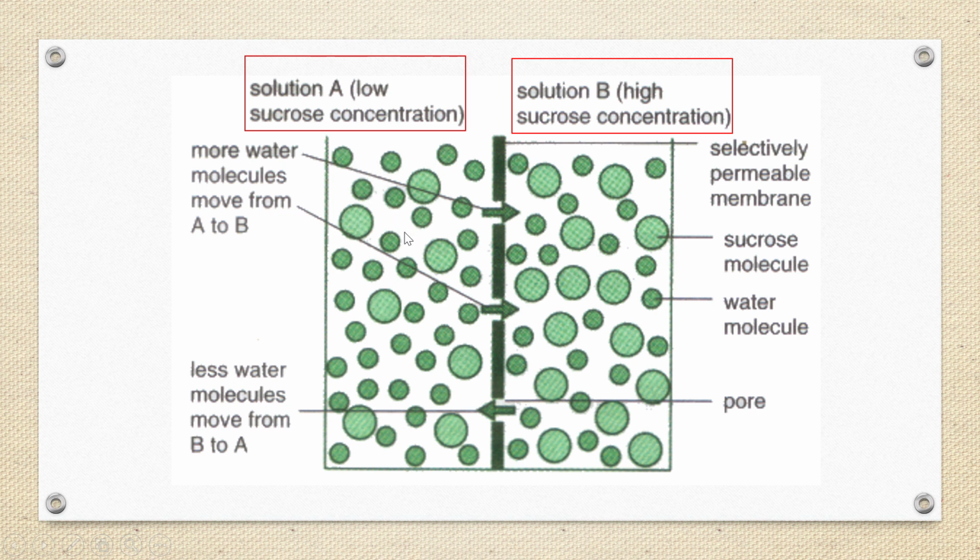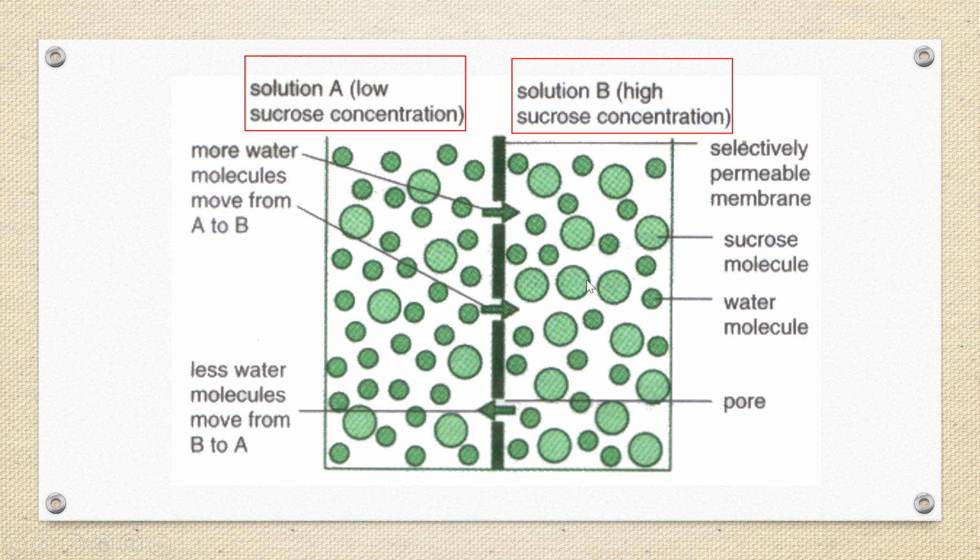So the smaller ones represent the water molecules. Whereas in solution B, which has high sucrose concentration, meaning low water potential, let's look at the molecules now. This compartment or region has more bigger circles. That means high sucrose concentration as compared to water concentration.